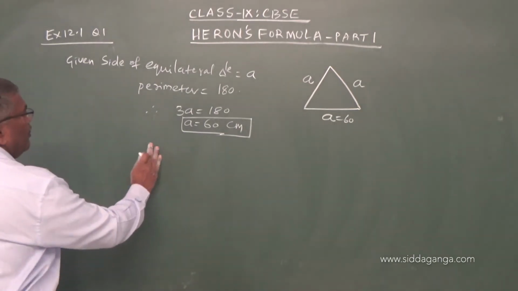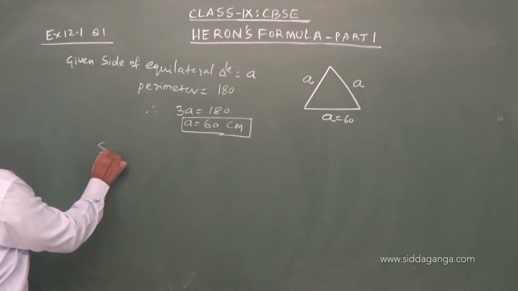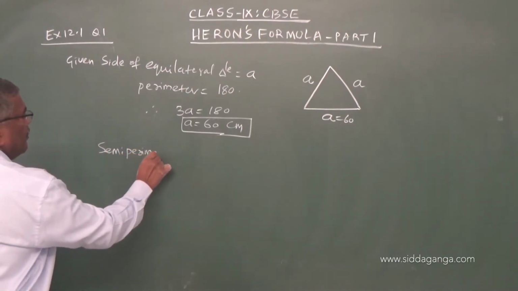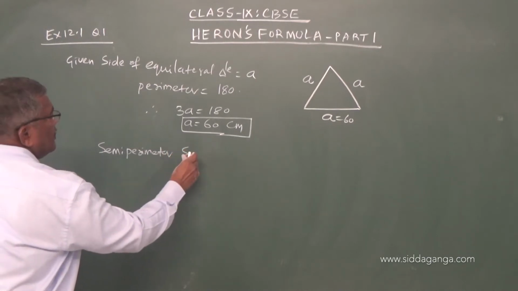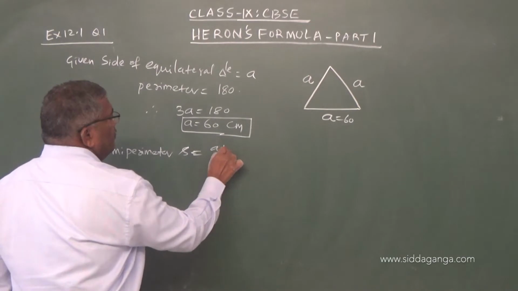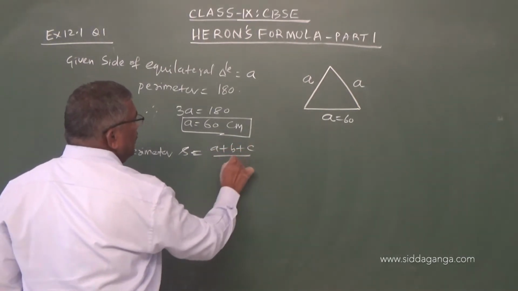So semi-perimeter, small s equals A plus B plus C divided by 2.